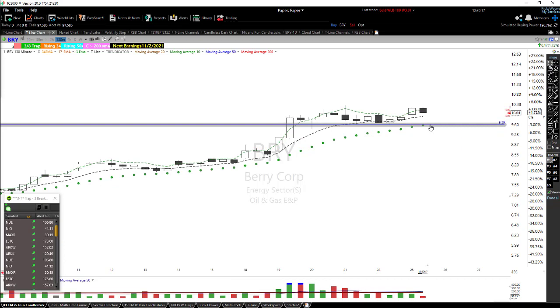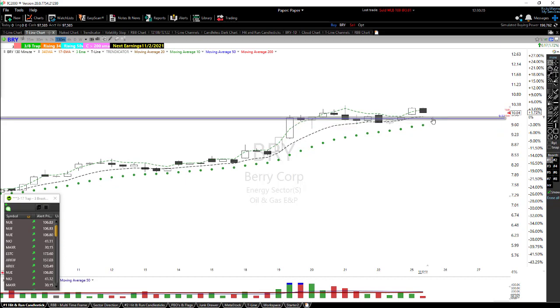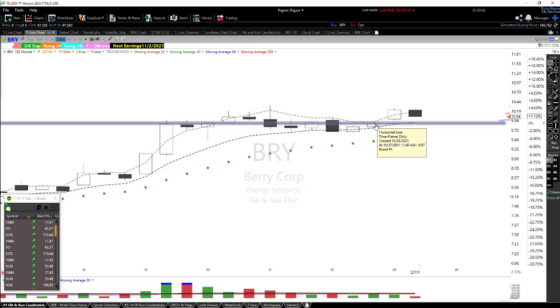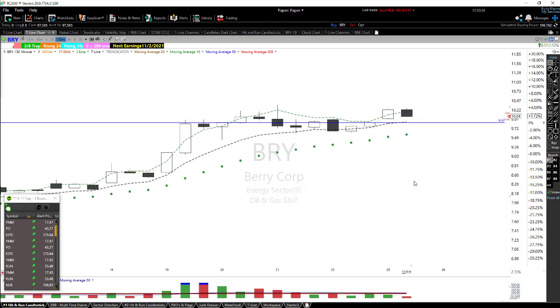But looking at this chart, I think I might have to raise this up right here. Normally I would go to this candle on this chart, but I see so many touches right here. And this candle here got the first bid for me. So that might be what I use as a stop. So now let's go back to the daily chart, because I always want to go to the daily chart.